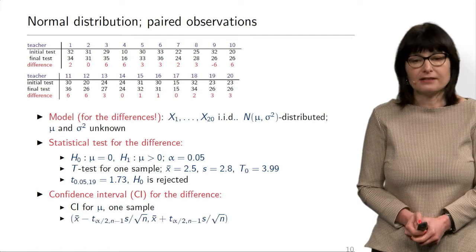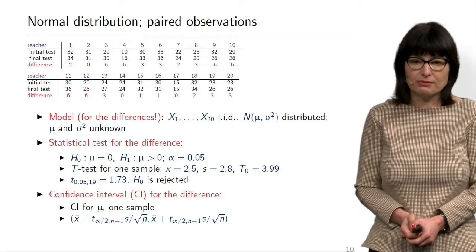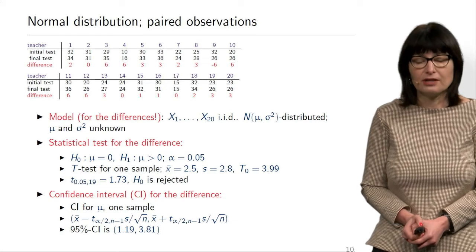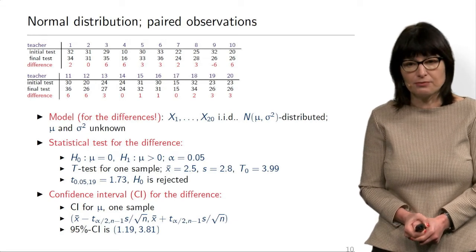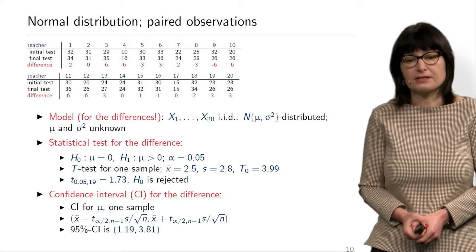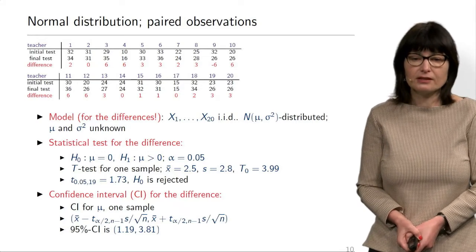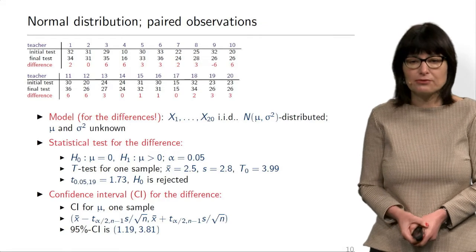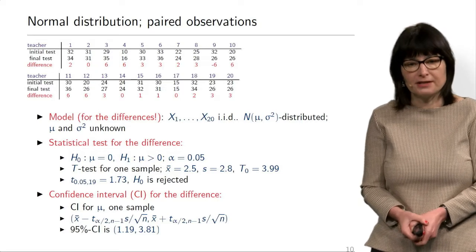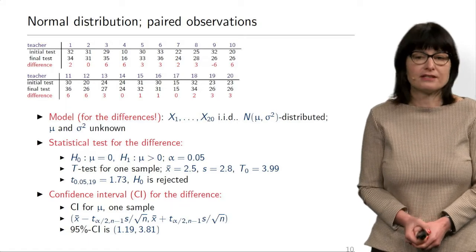Okay, so again, it is for one sample, so we use again exactly the same confidence interval as we used for one sample, and when we substitute the numbers, we will get a confidence interval between 1.19 and 3.81, and this is actually very good because that means that 0 is not included in this interval, so the estimator is positive, but also the margins of this estimator are also in this positive region. So with probability 95%, the improvement is between these two scores, and in any case, there is some improvement.